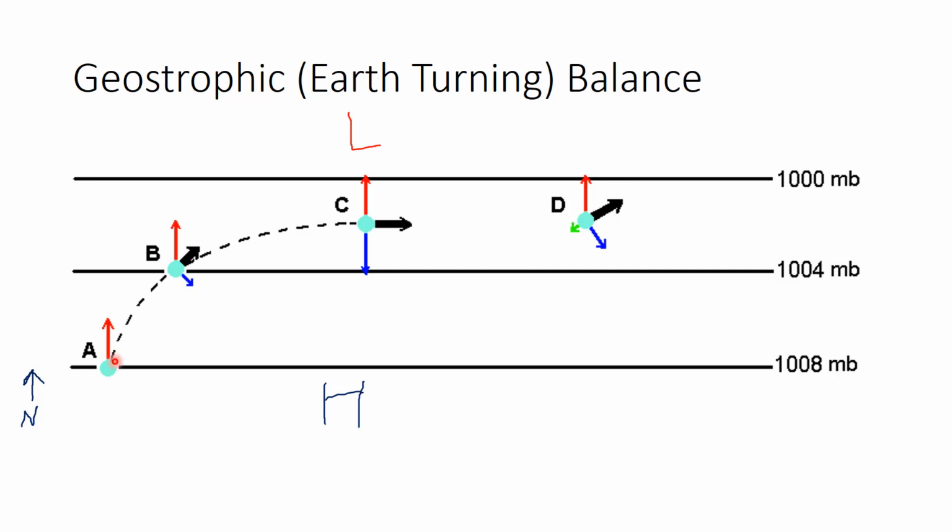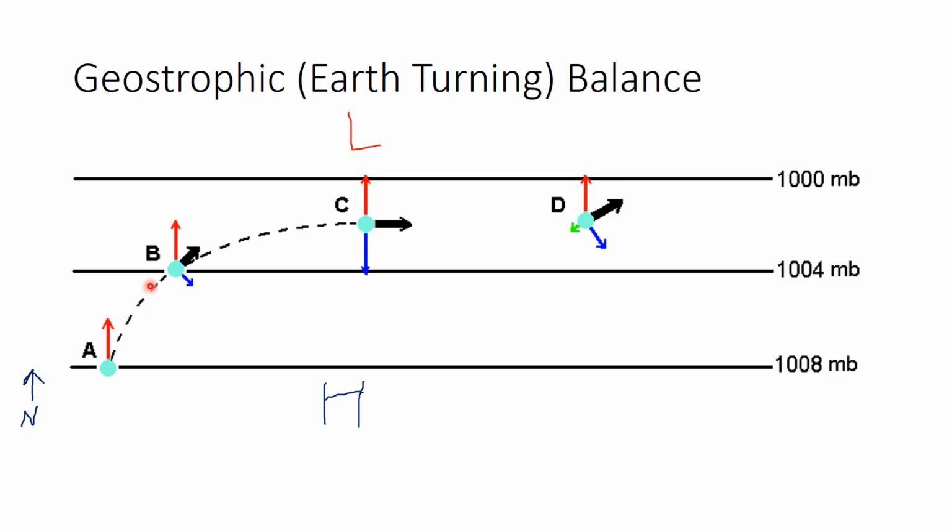Again, that's the pressure gradient force. And as it's accelerating, its speed is increasing, and it is going to begin to feel a deflection to the right caused by the Coriolis force. So as the particle of air is accelerating, it's going to begin to turn to the right.